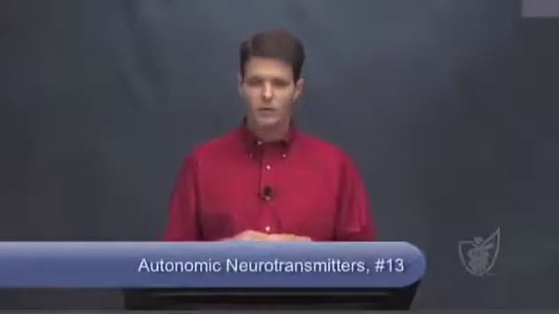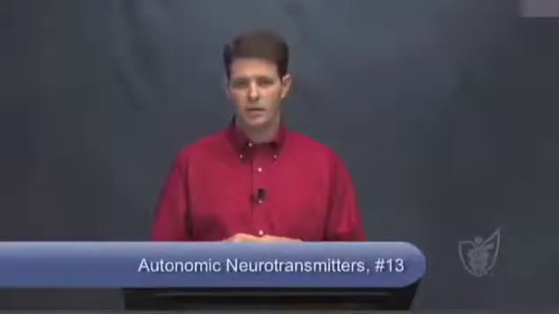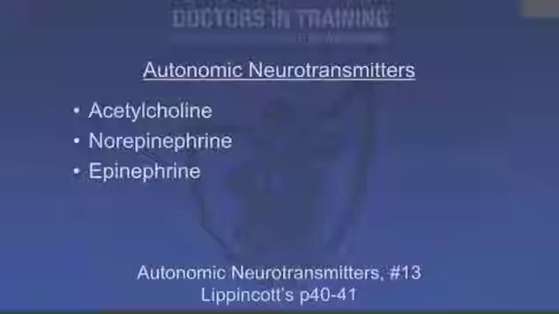The big neurotransmitters in the autonomic nervous system are acetylcholine and norepinephrine and epinephrine. And in subsequent lectures, we're going to talk about the synthesis of these transmitters, the reuptake and the degradation of these transmitters. These are important topics, but there's just not room for them in this lecture.